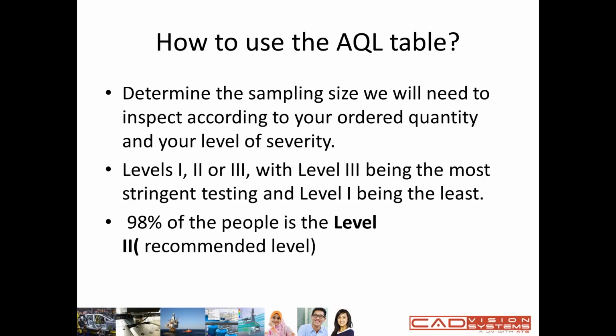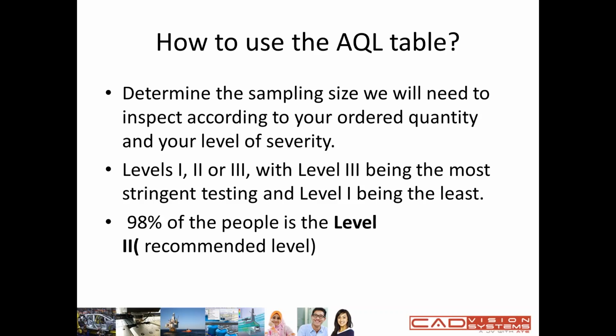So how do we use the AQL table? With the AQL table, you can determine the sampling size we need to inspect, based on your order quantity and your level of severity. From there, the AQL table will tell you how many samples you have to take out to do the inspection. About the level of severity, we also have level 1, level 2, or level 3.